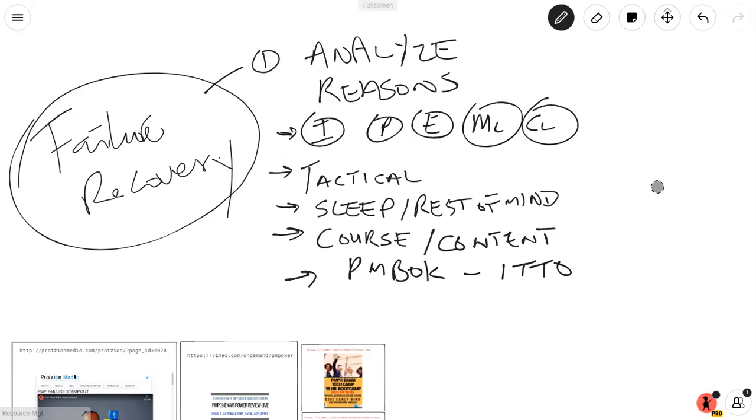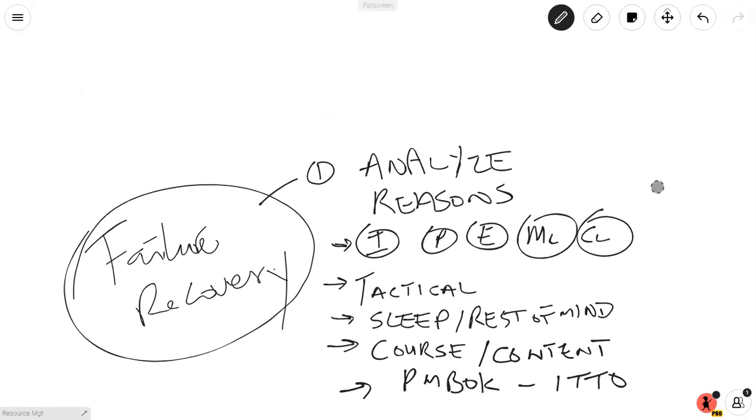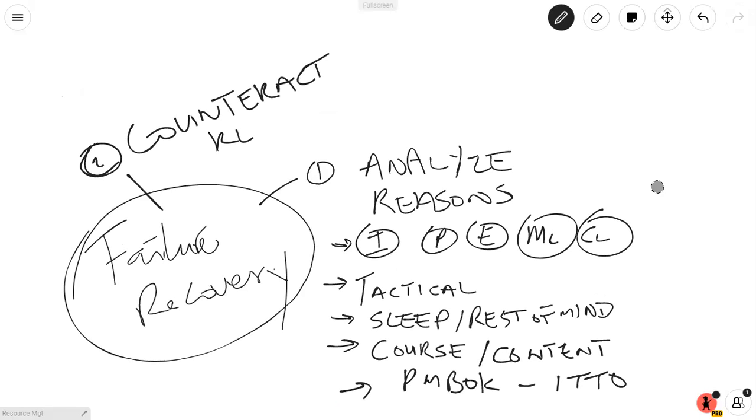And if that's the case, then the next thing you need to do is to counteract each of these reasons. So, one is analyze, and two, you want to counteract the reasons.